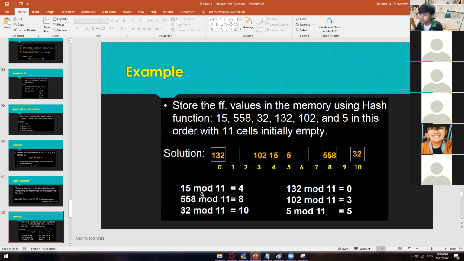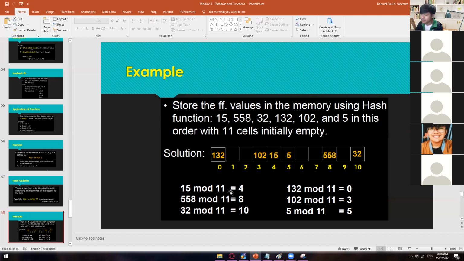Let's start with 15. Everything is mod 11, it's just the value that you're going to store that changes. No matter how high or low that value is, you need to perform mod 11, depending on the size of your memory.